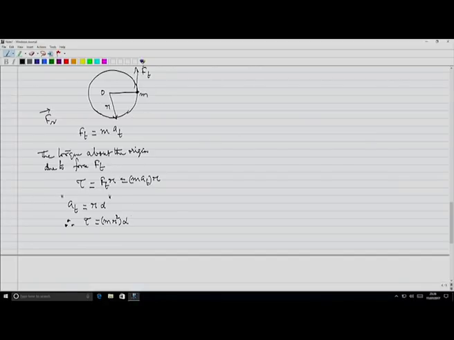Okay, so what is m r squared? Moment of inertia times alpha. So we have this important relation.